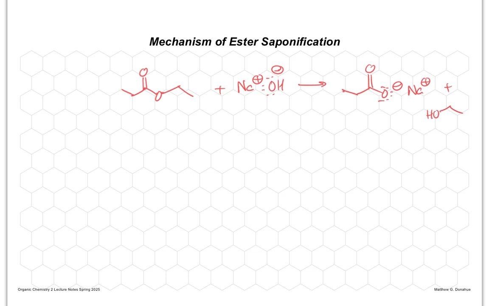And then I'll just show the alcohol byproduct. We're starting with hydroxide, so negative. That means everything else we show is either a negative oxygen or a neutral oxygen. So hydroxide will attack the carbonyl, that's the addition part of the NAS.